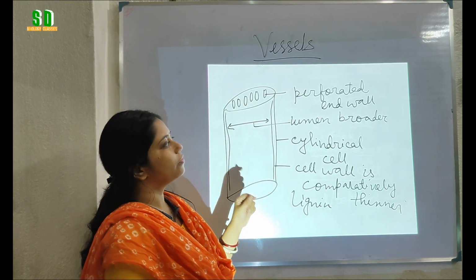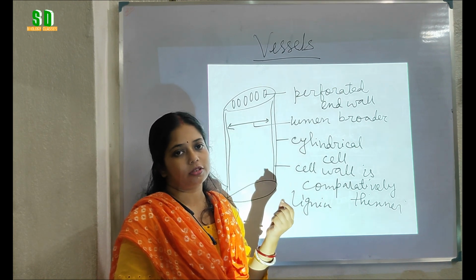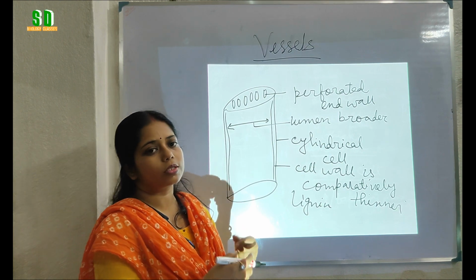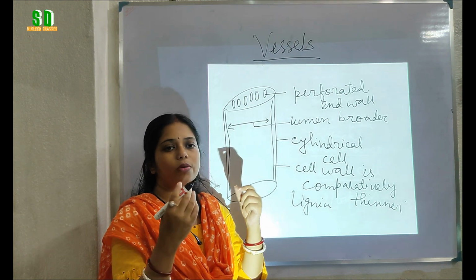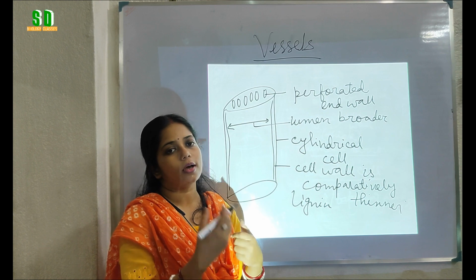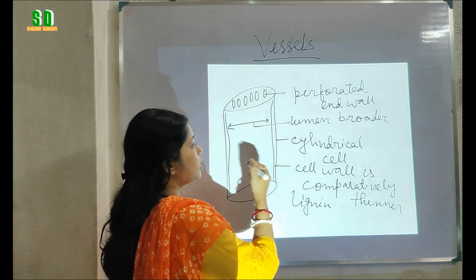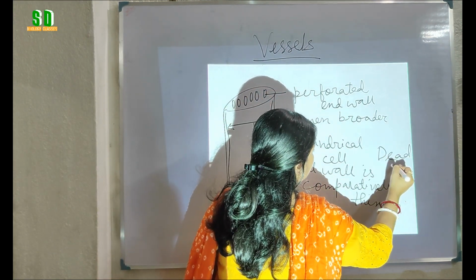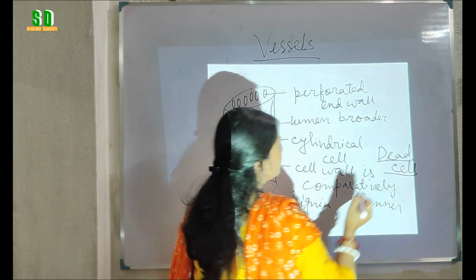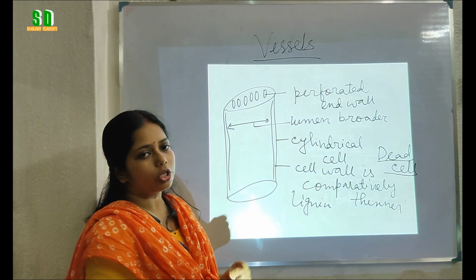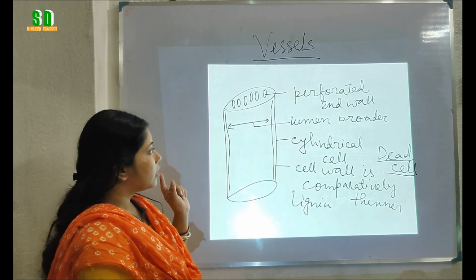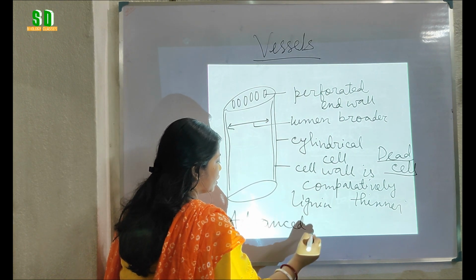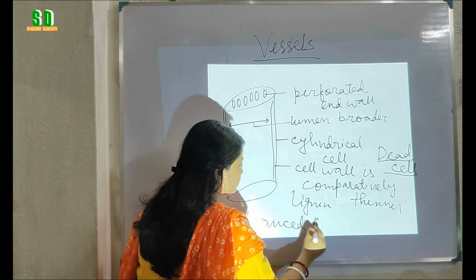At the end wall we will get the perforation, that is, pores are present in the end wall, and through these pores the conduction of water occurs from one vessel member to another vessel member. Here, like the tracheid, the cells are also dead cells. So at maturity, the cytoplasm and the nucleus are lost. So it is also a dead cell. It is the advanced type of conducting tissue.